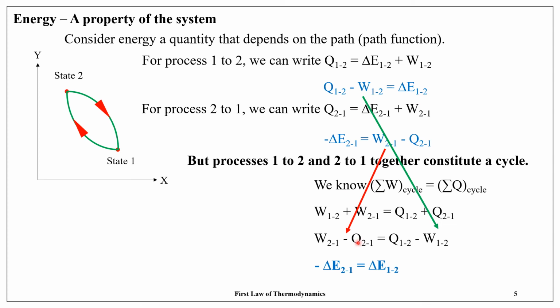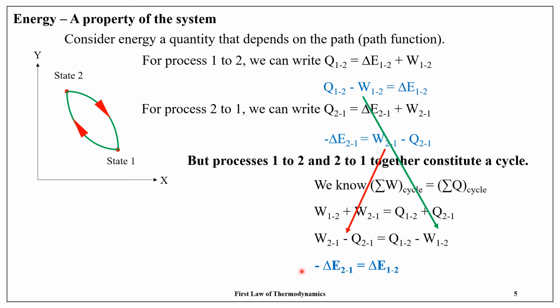From this, what we infer is del E2 to 1 is equal to del E1 to 2, meaning the change in total energy of the system is same for the process 1 to 2 and 2 to 1. But there is a negative symbol here that represents only the direction.